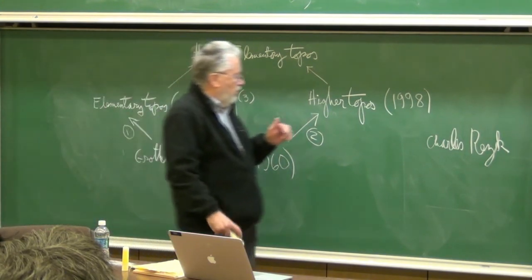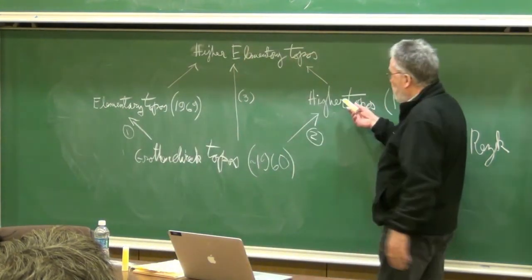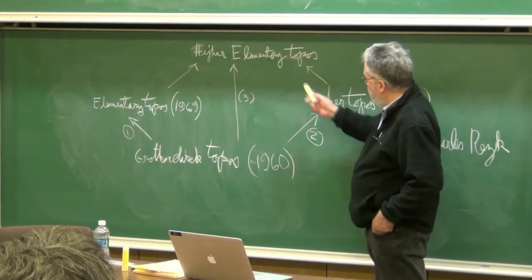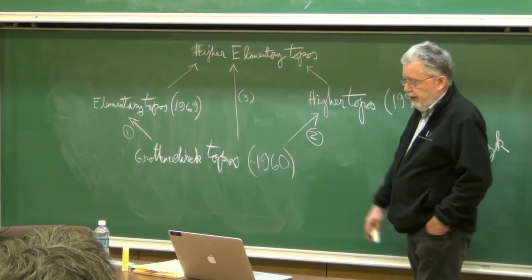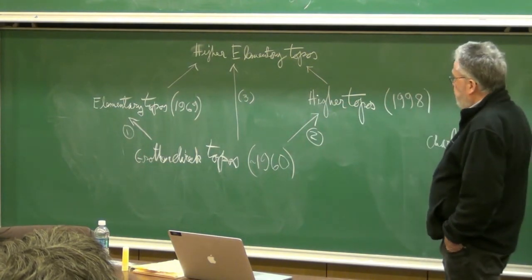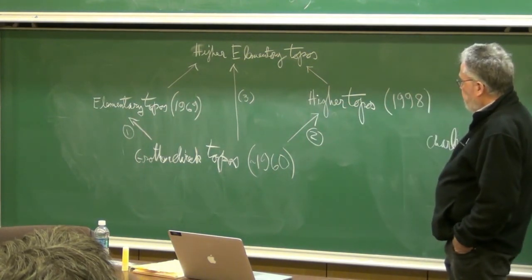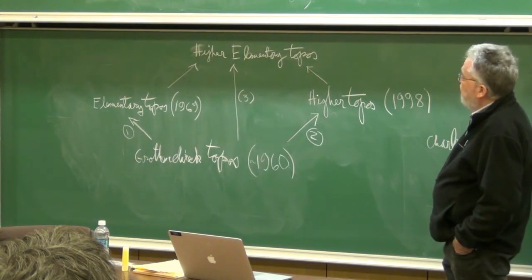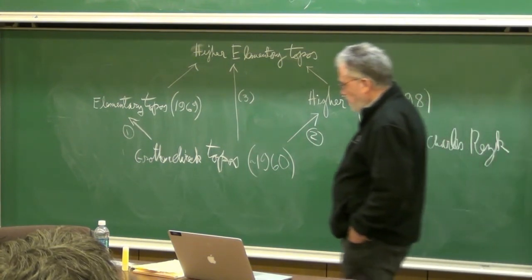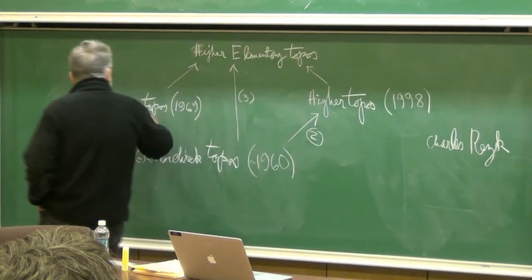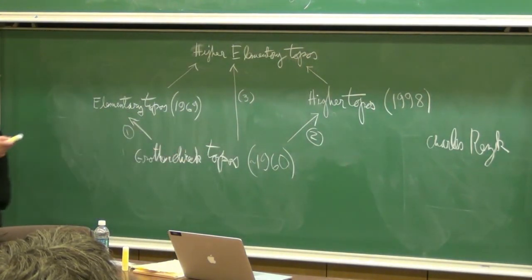And there is a new logical interpretation of what a higher topos is, which started with the homotopy interpretation of type theory by Steve and Michael and Vladimir. So this is what I would like to talk about.